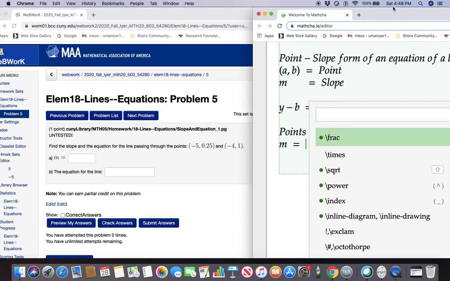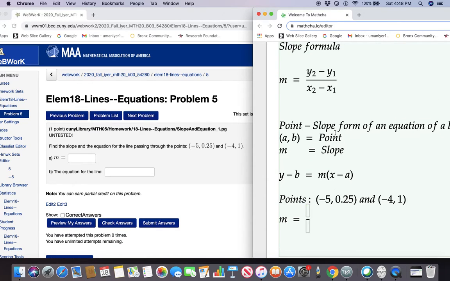Well, slope is the formula y2 minus y1 over x2 minus x1. All right, notice this is negative, so you need to put it in parentheses before subtracting.